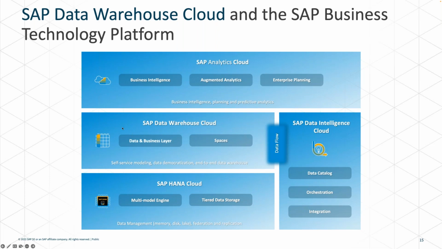I'll talk about some very basic data flows. I say basic, but they're actually quite advanced for what we can do from a data flow perspective, even between these two and between the different sources. So when I say data flow, I'm not talking about Data Intelligence, which is a separate platform within BTP at SAP, but really the data flows that we can build within Data Warehouse Cloud.